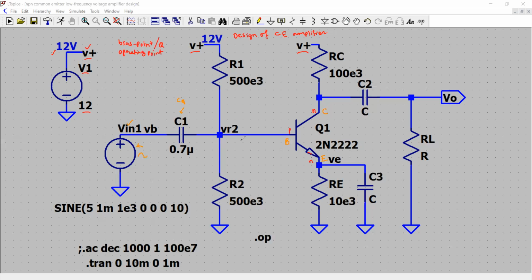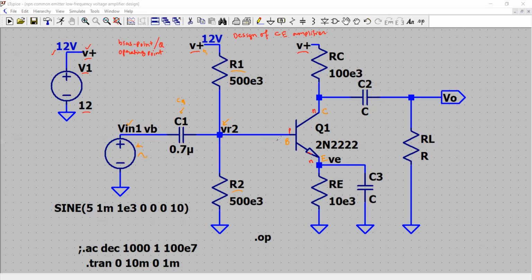Then I have used these resistors R1 and R2 from the voltage source V plus as a voltage divider circuit. So just two resistors in series. The voltage that comes here, which is VR2, helps me to set the voltage at the base of this transistor. So VR2 is basically the voltage at the base.